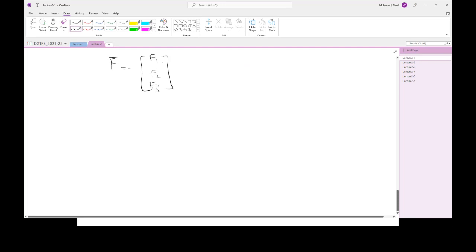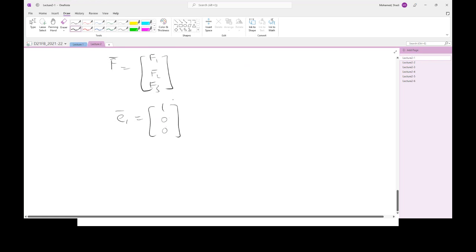And you want to find out which component of this vector is related to E1. Now, E1 can be written as 1, 0, 0, because we know that E1 is a unit vector for the x1 direction. The magnitude is 1, and it has no projection in the x2 and x3 directions. So this is how E1 is written.